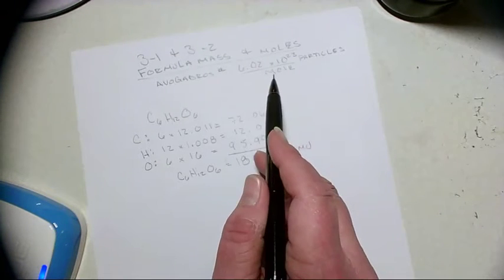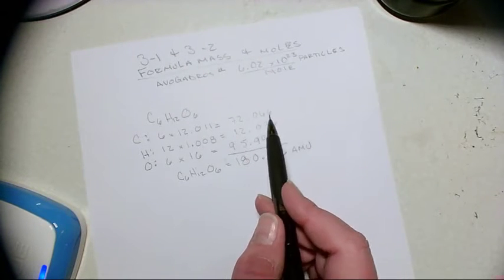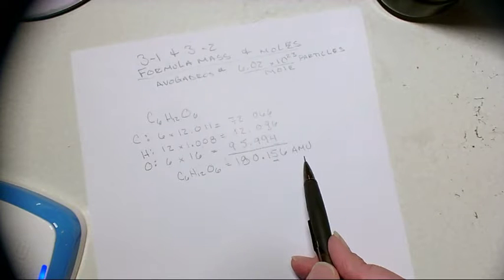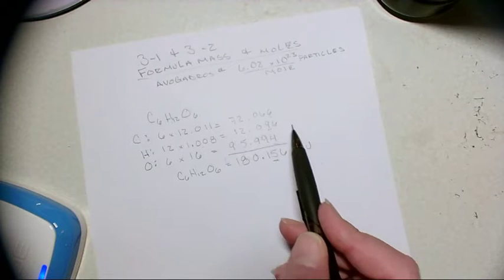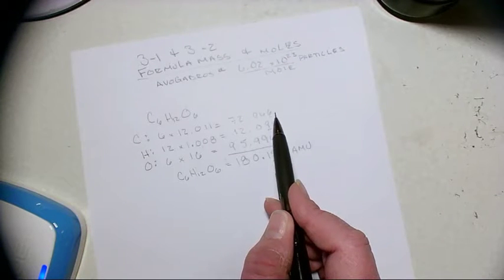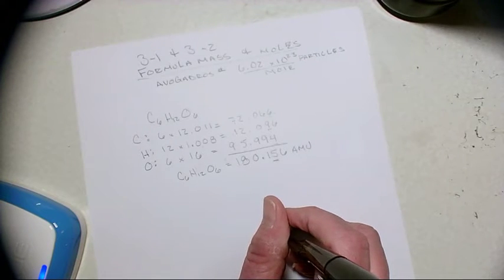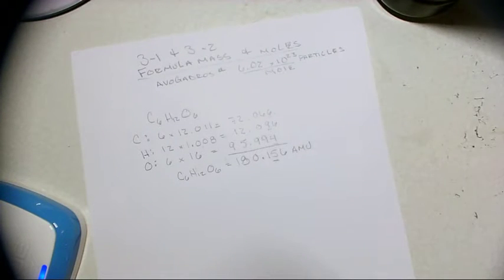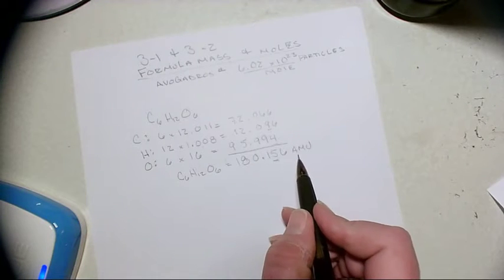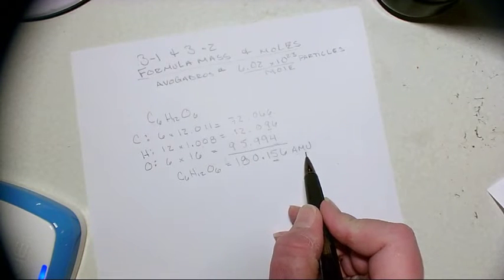This lets us take these numbers, and instead of going AMU to kilograms, now we can talk about them in terms of grams, because all of these numbers are grams per mole. So if I have grams per mole, I can work myself into any of the values that I'm going to use in lab.